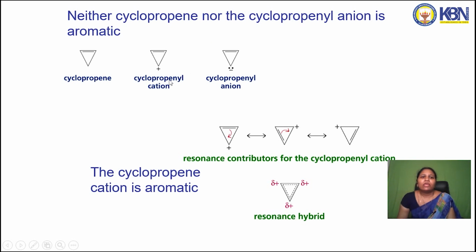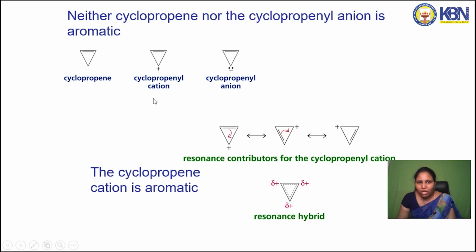In cyclopropene, even though it contains an odd number of electron pairs, that is one pair of electrons, it does not satisfy conjugation. Conjugation means that a compound, to be aromatic, should contain alternate double bonds, hence it is not aromatic. In the cyclopropenyl anion also, the electrons are not in conjugation, even though it contains one pair of electrons, hence these two are non-aromatic.